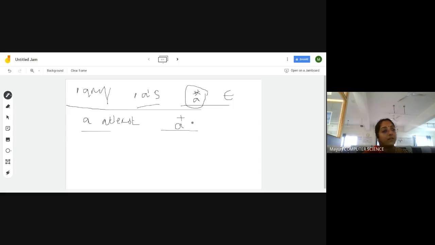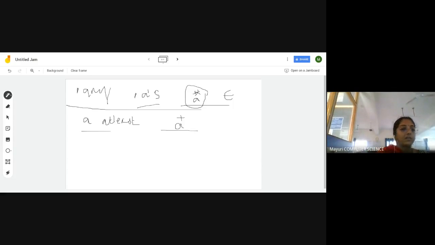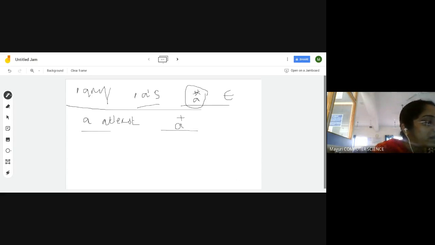Fine. What is next is the string consisting of either 1A or 1B. See, all these basic requirements are required. I didn't ask about multiple, just 1A or 1B. How can I write it? 1A or 1B means what?